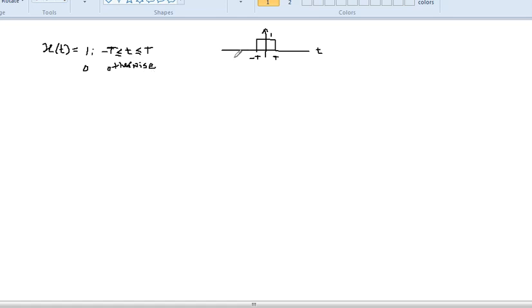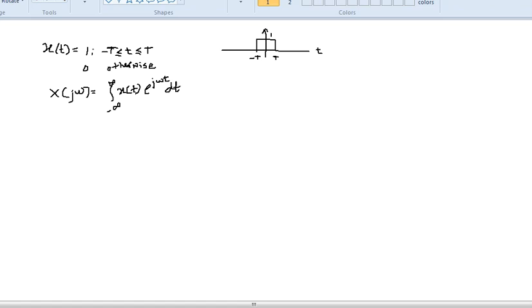Okay, let's solve. The equation which we have to use, the Fourier transform, is given by X of j omega equal to the integration from minus infinity to plus infinity of x of t e raised to minus j omega t dt.